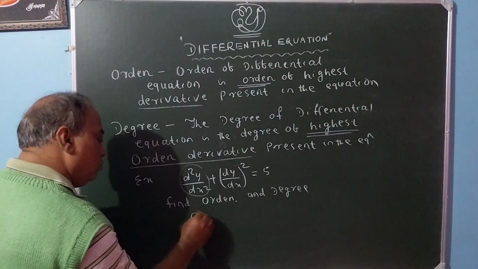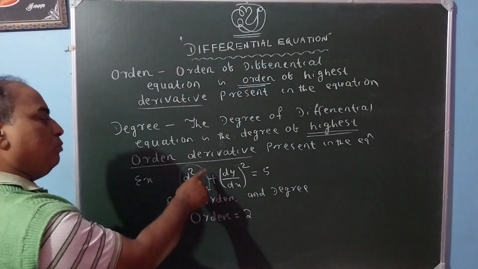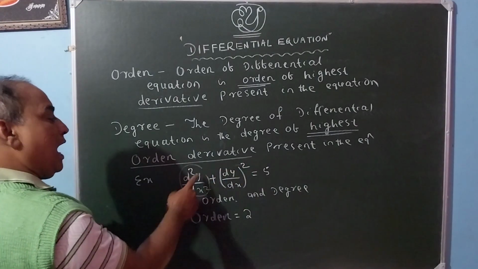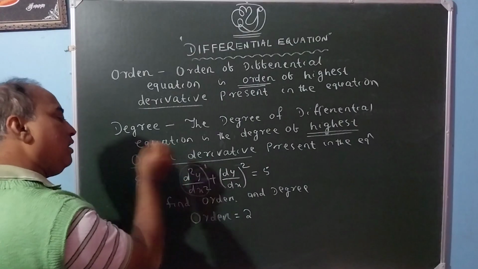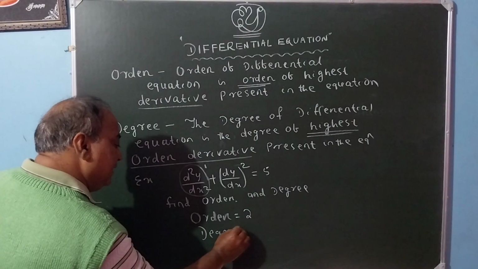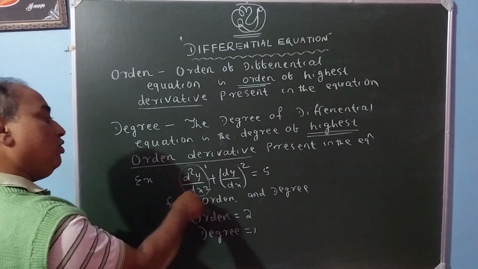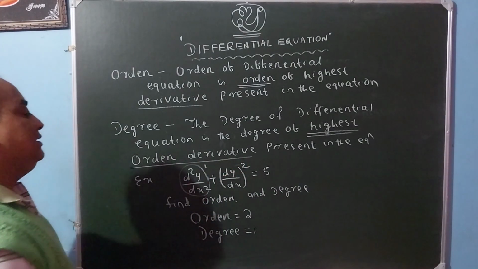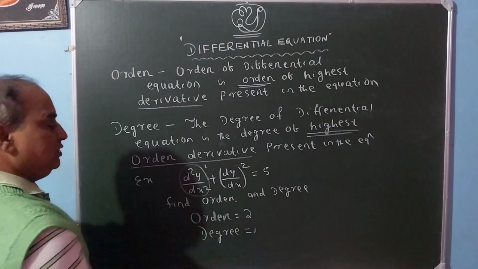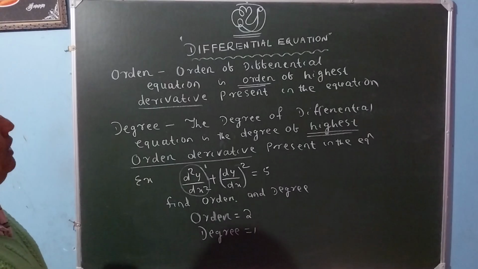So order is equal to 2. The power on the highest order derivative is called the degree. This is not the highest order. Here it is 2, but the power on the highest order derivative is the degree. So degree is equal to 1, but not 2. The highest order is 2 here, so the degree of differential equation is 1. Okay. So this is one example of order and degree.